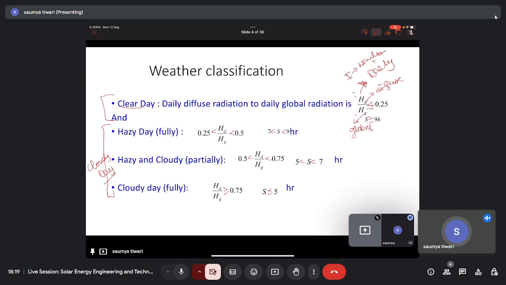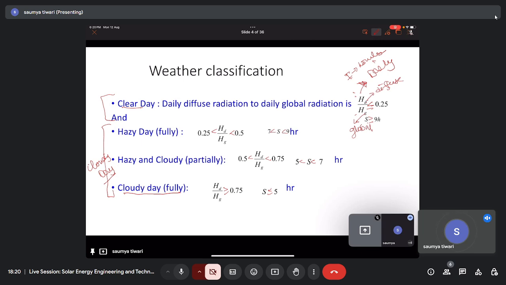If this parameter is between 0.5 and 0.75 and the sunshine hour is between 5 and 7 hours, it is a hazy and cloudy day, partially hazy and cloudy day. And if this parameter is greater than or equal to 0.75 and the sunshine hour is less than or equal to 5 hours, then it is considered to be a fully cloudy day.